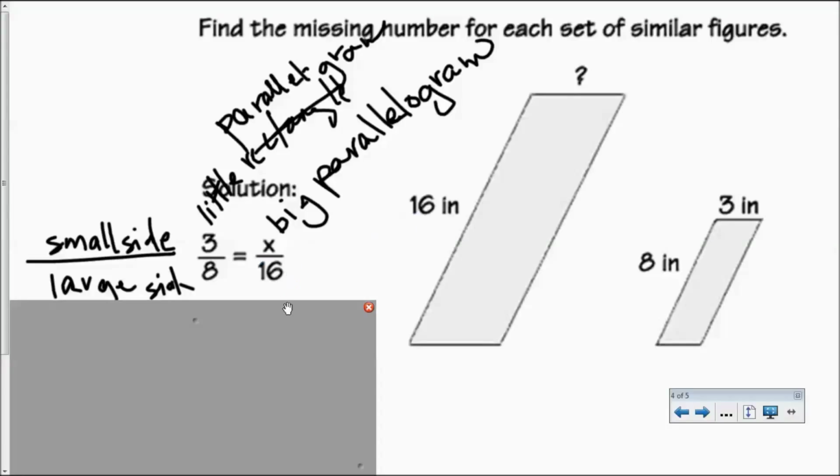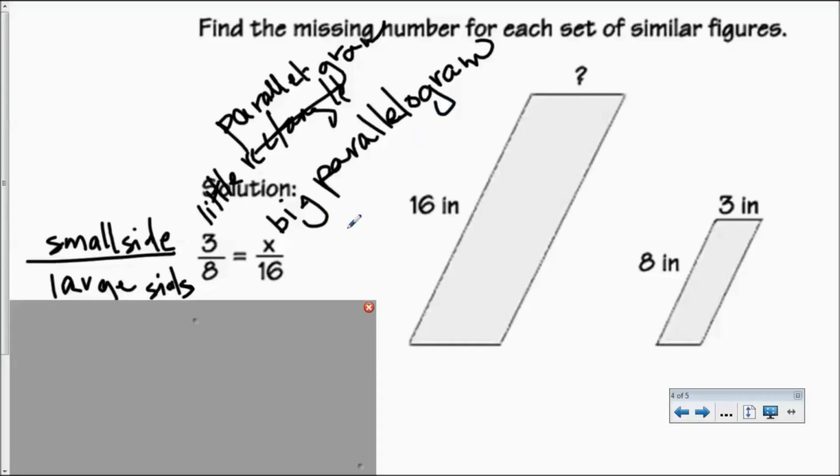Notice that on top I have the small sides and the long sides on the bottom, and the first ratio is representing the little parallelogram, and the one on the right is representing the big parallelogram.